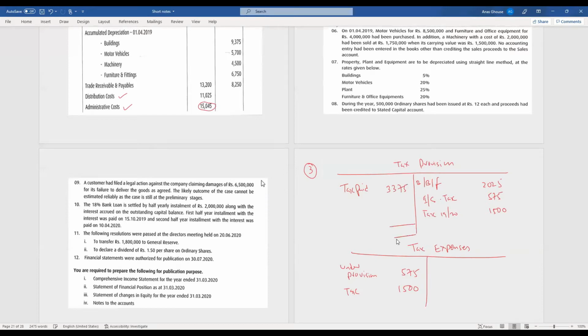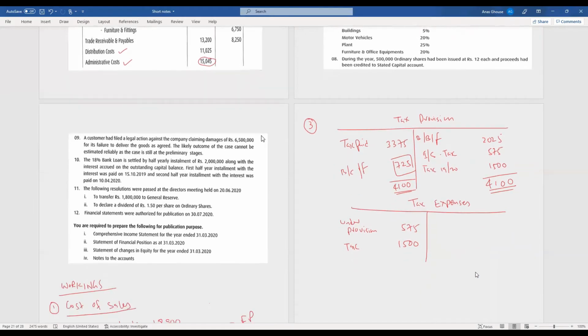Okay, so if you take the total, $4,100. So therefore, 725 should be the balance carried forward in the tax liability account.